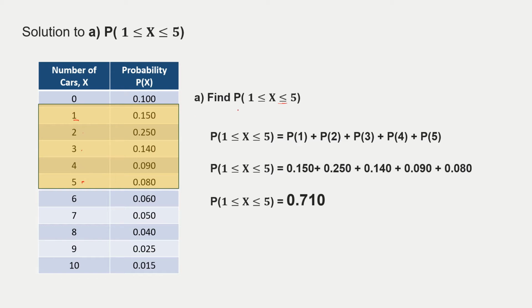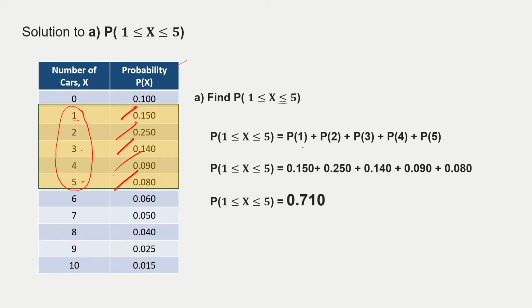We need to find the probability that any of these random variables will become the outcome of the experiment. Step 2 is to find the corresponding probabilities. In our probability distribution table, the corresponding probabilities are 0.15, 0.25, 0.14, 0.09, and 0.08.